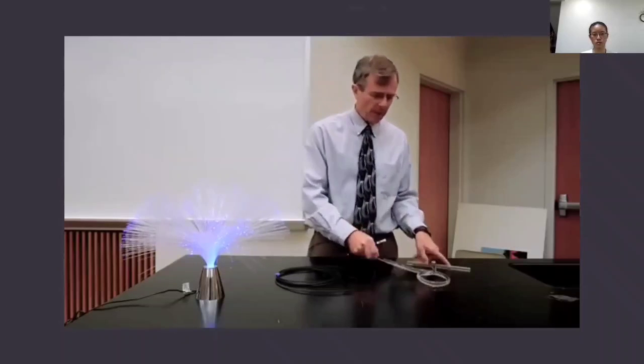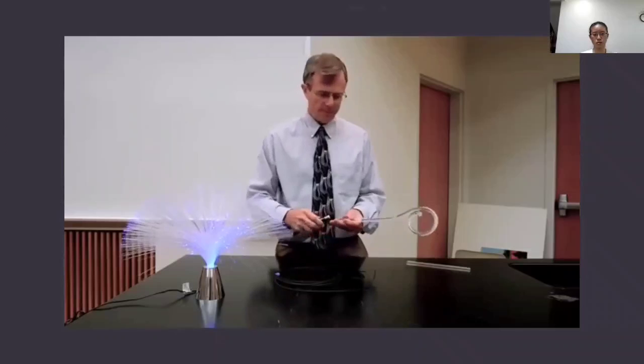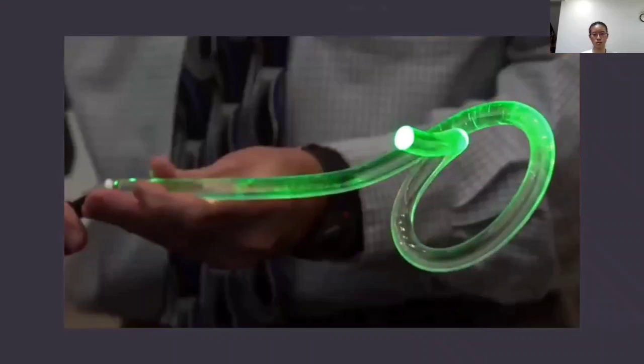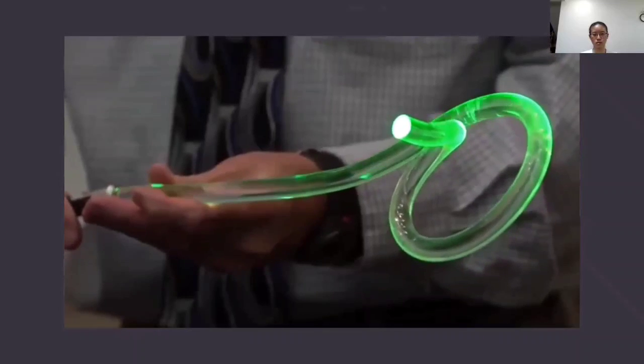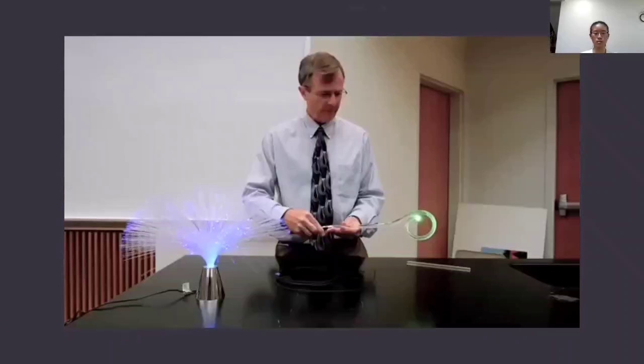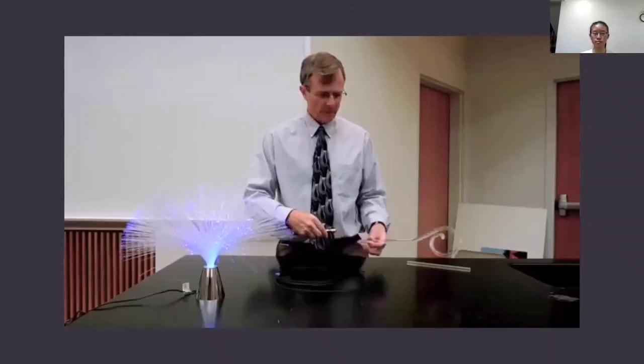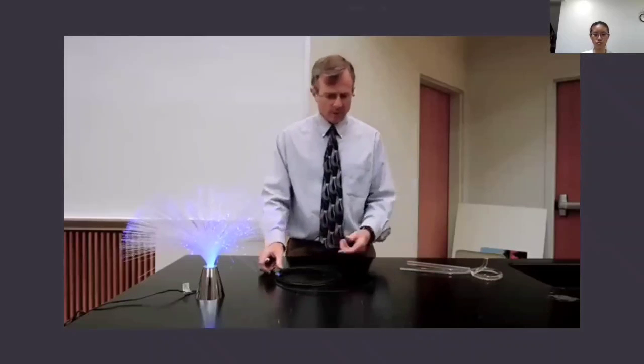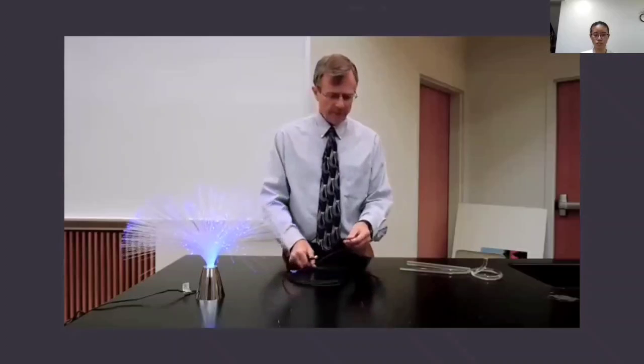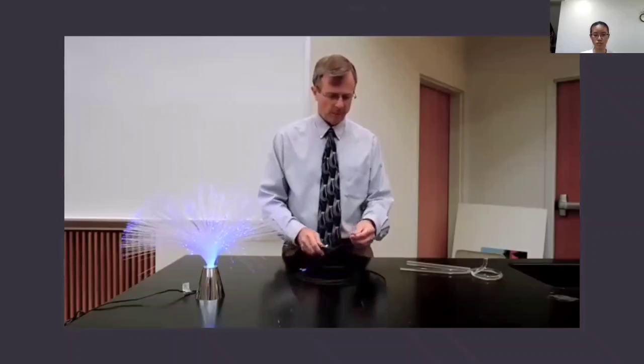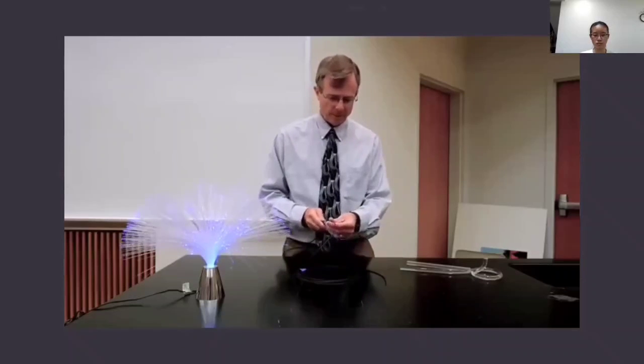So a rectangular shape here, or you can use a circular shape, confining all that light inside of that fiber. Now this is a more typical optical cable or light fiber. I'm just going to introduce the beam here. You'll see it come out on the far end.